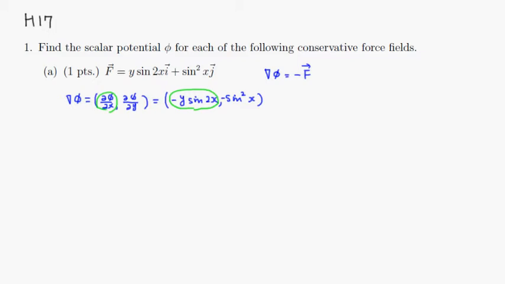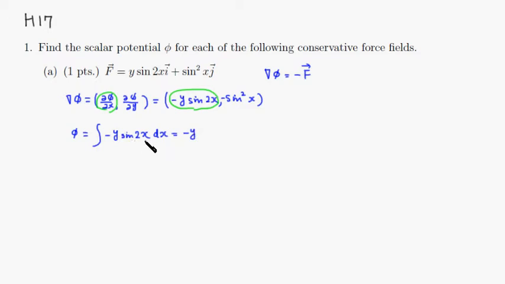By taking the antiderivative, we can get phi. So by taking the antiderivative of negative y sine of 2x with respect to x, negative y is a constant, so we'll put that there.